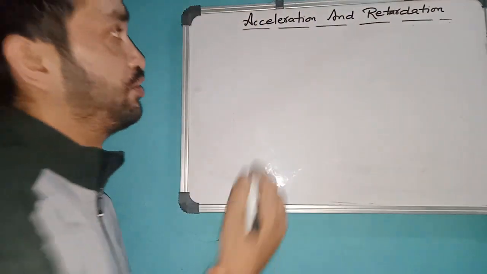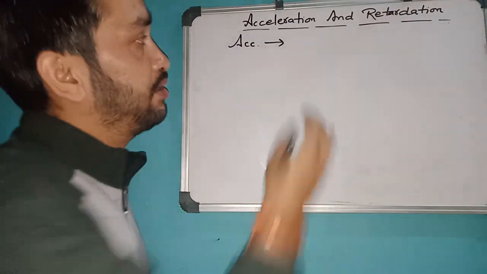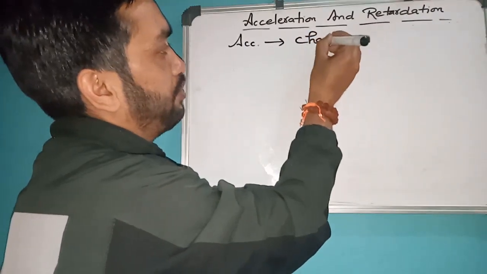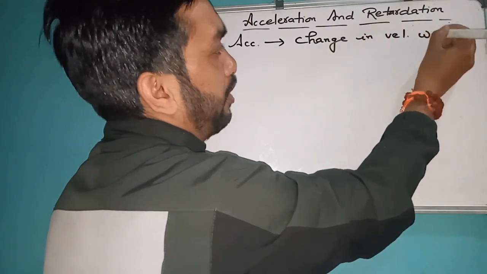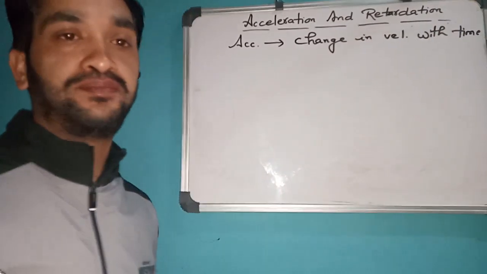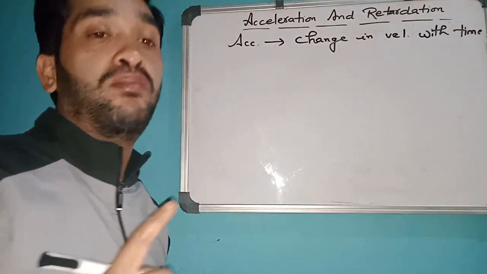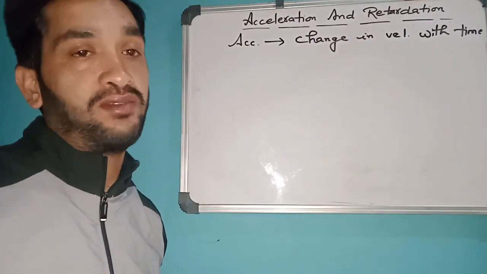What is acceleration? The theoretical definition of acceleration is change in velocity with time. This is called acceleration. Now remember, a body possesses initial velocity as well as final velocity.